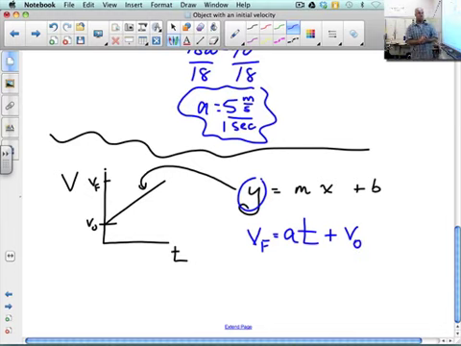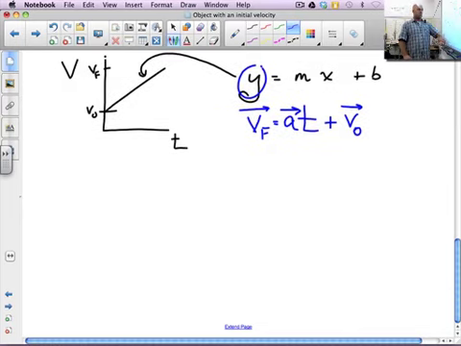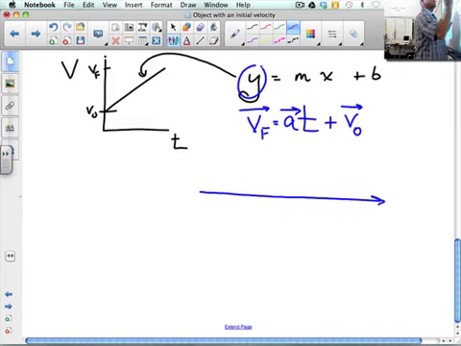Okay? Now, the beauty comes when you realize that our velocity has direction, our acceleration has a direction to it, and our initial velocity has a direction to it. And then you're like, oh, well, that means I have a vector, my final velocity vector.